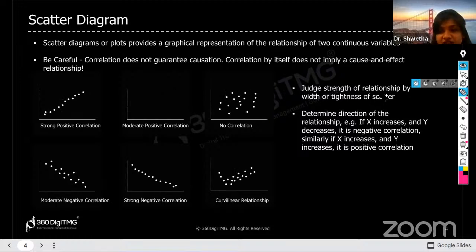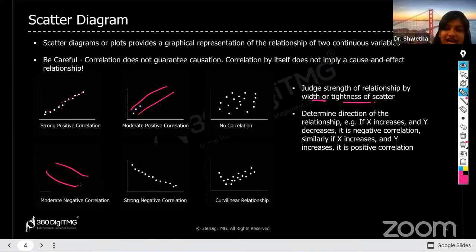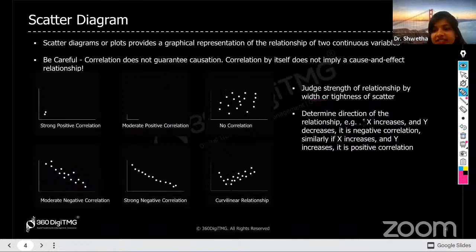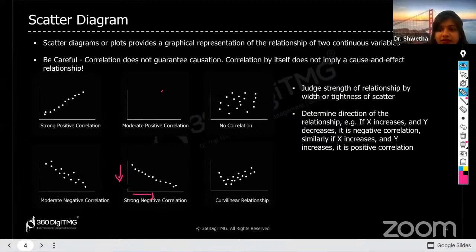Now, we judge the strength of the relationship by the width or tightness of the scatter. Now you can see this is tightness. If the width increases, then it is scattered and it is moderate strength. So here we determine the direction of the relationship. If x is increasing and y is decreasing, it is negative correlation.